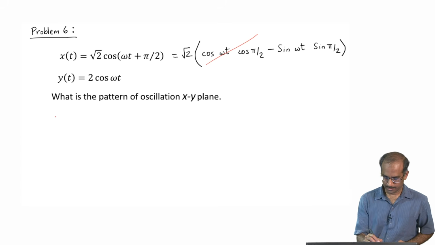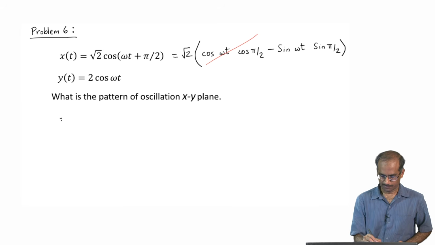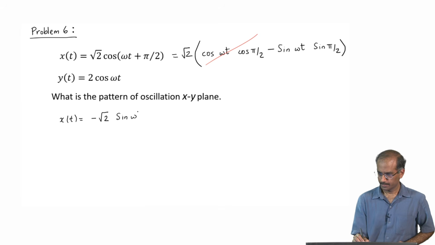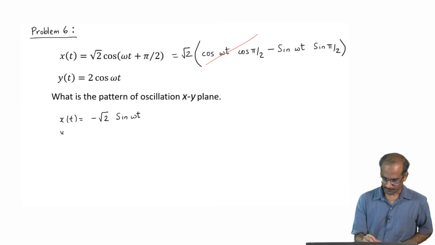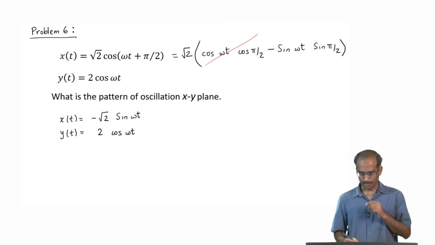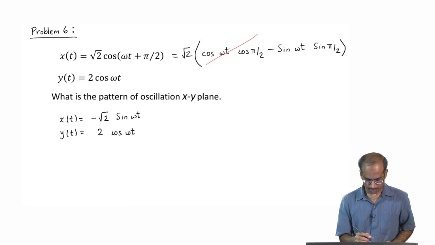So, what I have is x of t is simply equal to minus root 2 into sin omega t, and sin pi by 2 is equal to 1, and of course, y of t is equal to 2 cos omega t. From here it is very easy to do rest of the job.